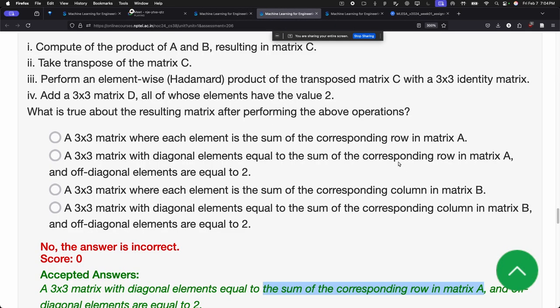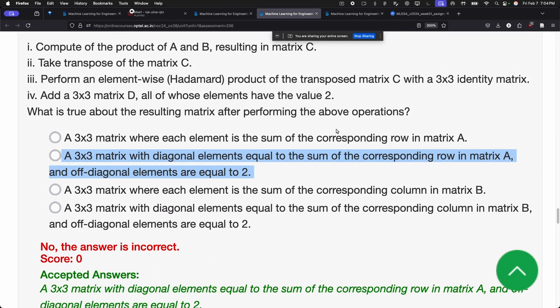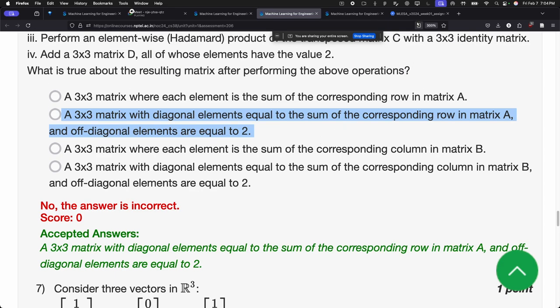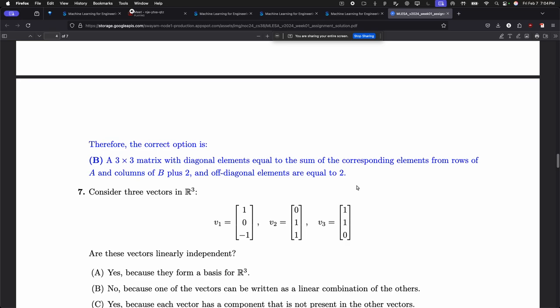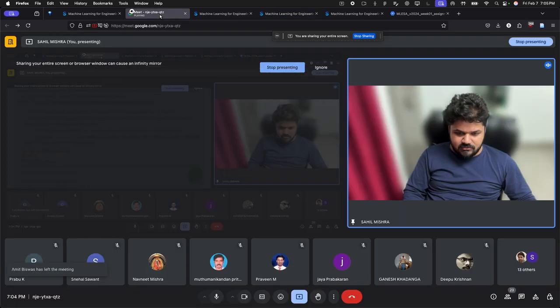Plus, it's incomplete, right? Corresponding elements from rows of A and columns of B plus 2. Sum of corresponding row. This option is incomplete, right? I think that might have been the problem last year. Any ideas?